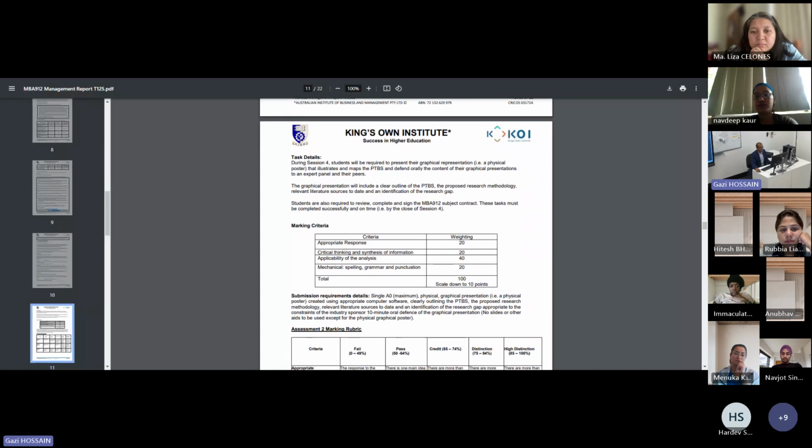First the research problem, then the research gap, then research significance, research methodology, and a little bit of relevant literature review or literature sources. These are the five areas you will complete in assignment 2, the 10% mark graphical presentation. Any question from any of you so far?